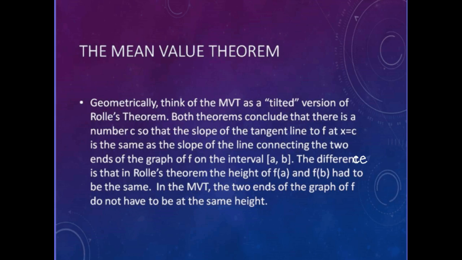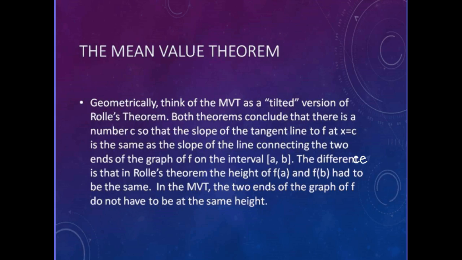Now, what we're going to do is prove the mean value theorem, being given points and walking through the process. The mean value theorem means exactly what it says. It has the word mean in it. Go back to geometry. The mean in geometry was the average. So the mean value theorem is looking for the average rate of change.